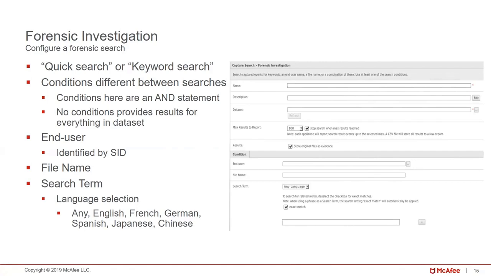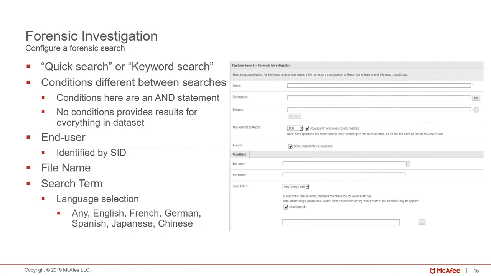You can narrow this down by specific end user. So that end user information would possibly be passed through your appliances, and we can identify that by the SID, the security ID of the user. We can also narrow this down by specific file name.